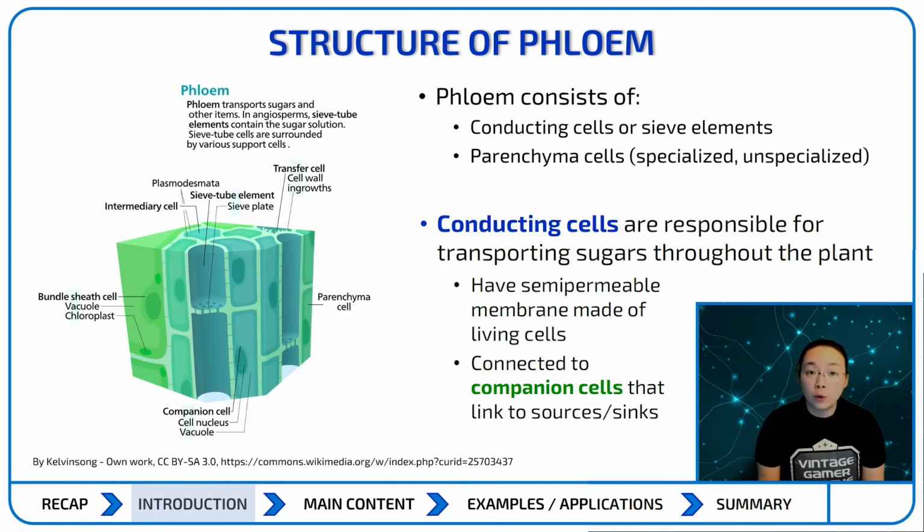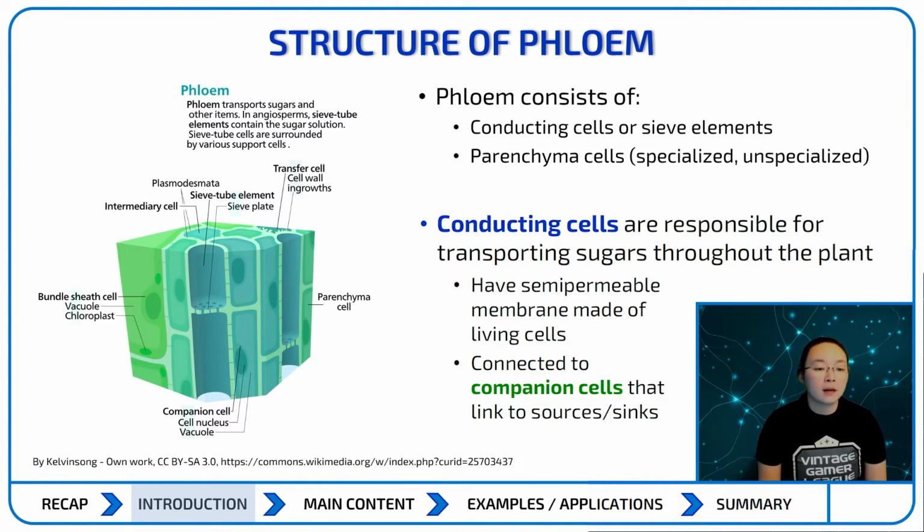Now, looking at phloem, which is the other type of vascular tissue, it consists of something called a conducting cell or sieve elements. It also has parenchyma cells, which can be specialized or unspecialized. So you don't have to know all the details about this, but you do need to know that phloem consists of conducting cells, such as companion cells, and they're responsible for transporting sugars and nutrients throughout the plant.